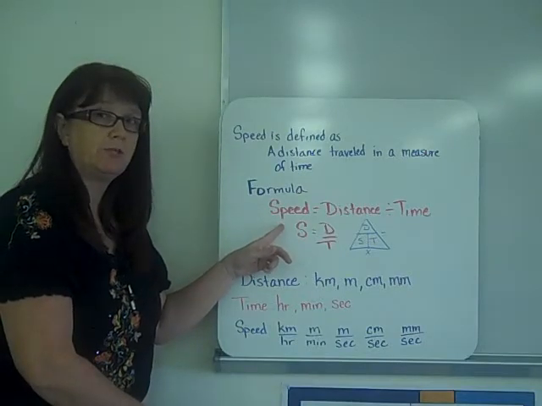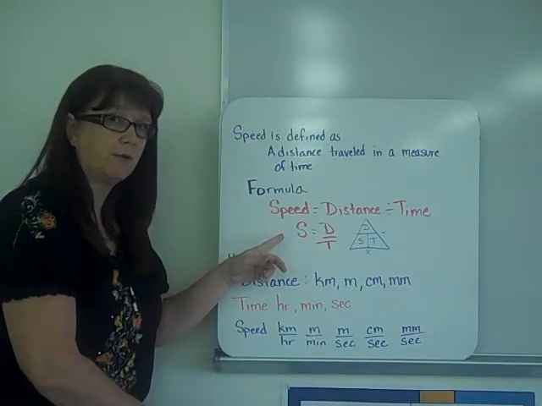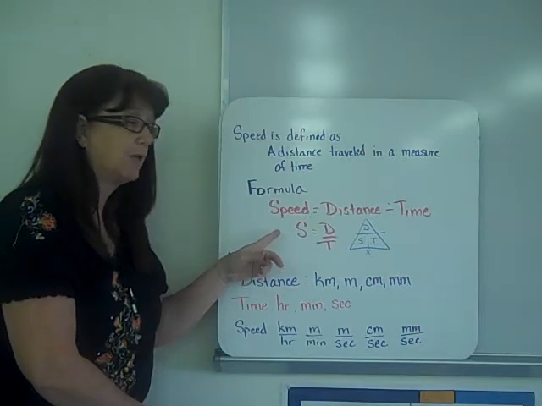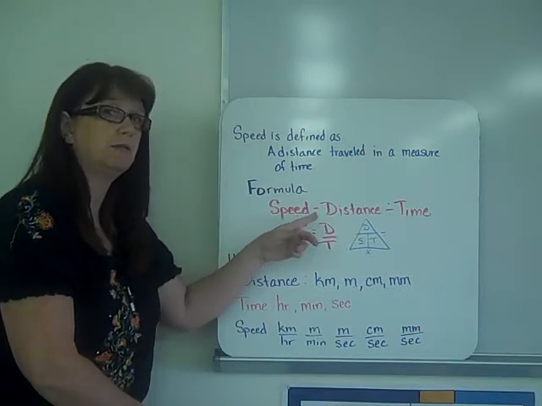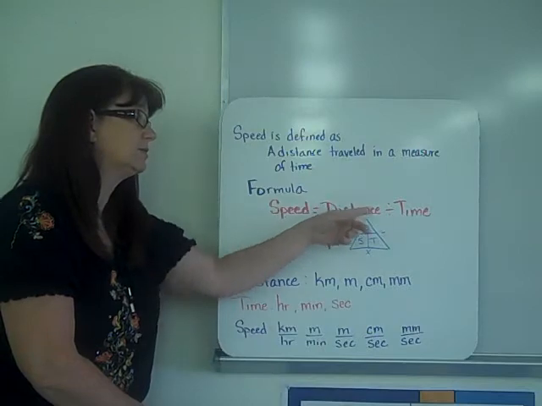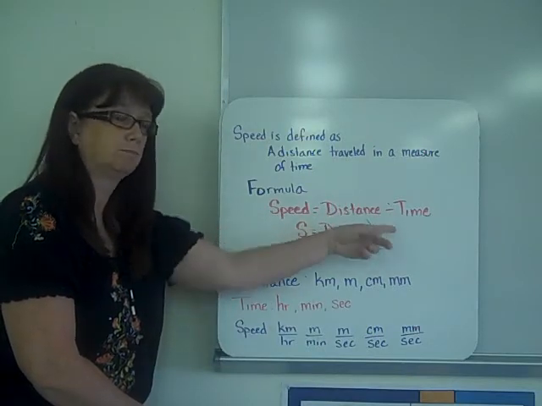So our formula for speed is the same formula that you used in 6th grade, and it's going to be speed is equal to distance divided by time.